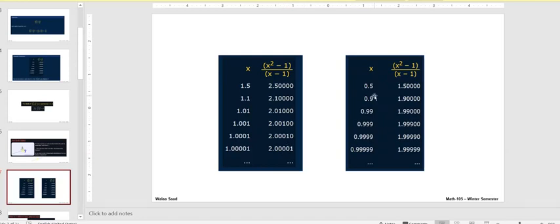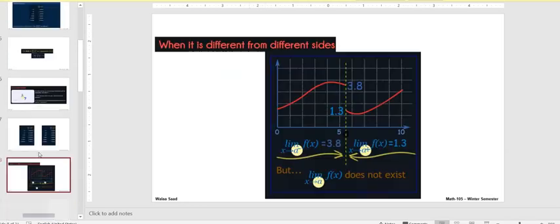Now, if we went in the other direction, with numbers smaller than 1, starting with 0.5 and then increasing toward 1, 0.9, 0.99, and so on, reading the corresponding function values for these x values, we find that the function is approaching 2 as well. Now we have the full vision from both directions that the limit of this function as x approaches 1 is equal to 2.